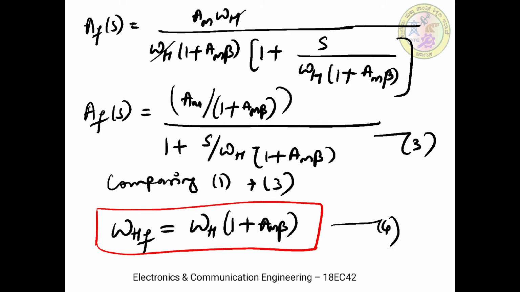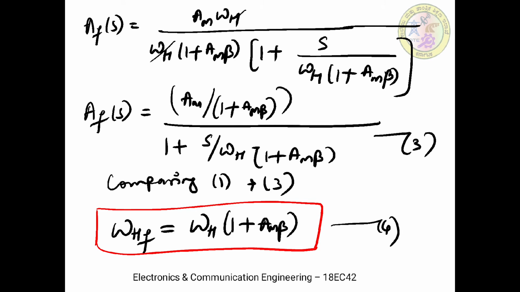Earlier we had only omega H, now this omega H will be multiplied by the amount of feedback term, that is 1 plus AM into beta. Now this is the effect on the higher 3 dB frequency. It means that the upper 3 dB frequency is increased by a factor equal to the amount of feedback, that is 1 plus AM into beta.